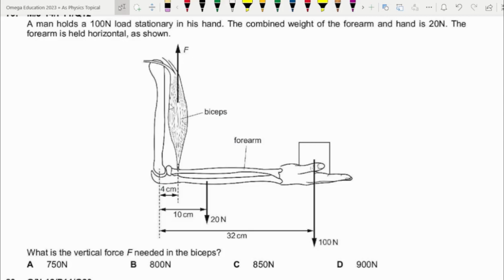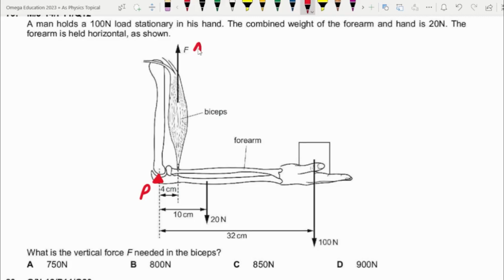So here we have this one force that we need to calculate. We'll rotate it. This is your pivot, first of all. This elbow over here is your pivot. You can call it P. So this is your pivot. One of the forces is force F, and that would rotate your arm anti-clockwise.